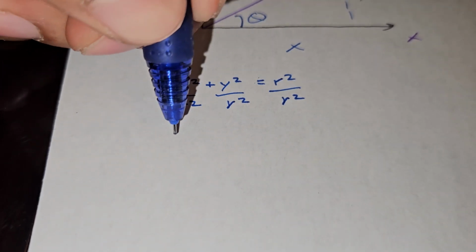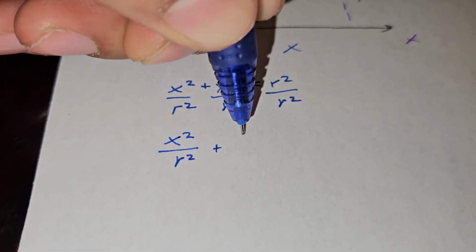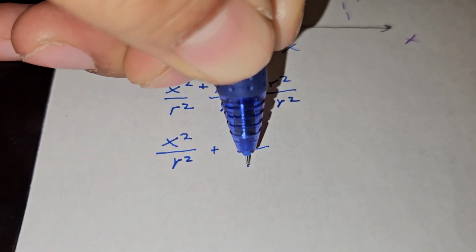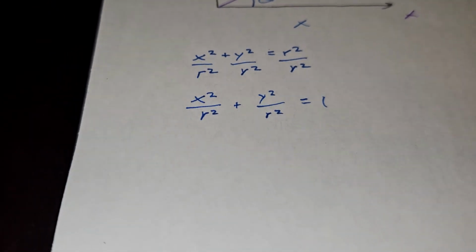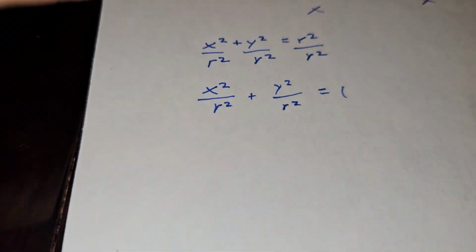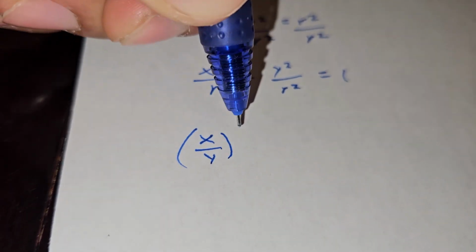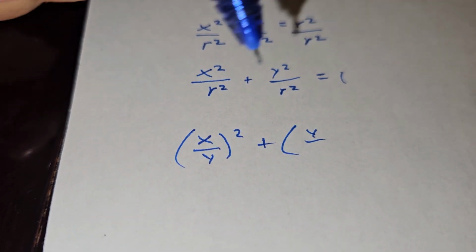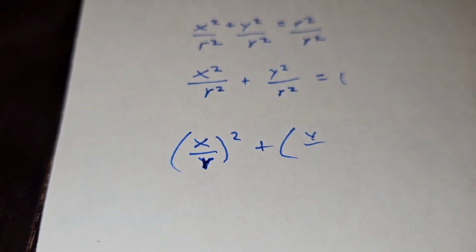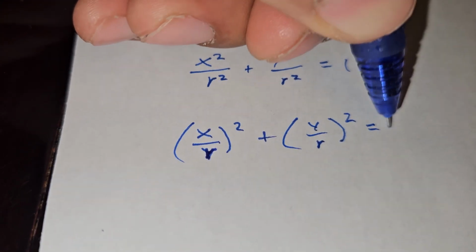So now we have x squared divided by r squared plus y squared divided by r squared is equal to 1. So now we have x over r squared plus y over r squared is equal to 1. Oops, that's an r, by the way, I'm sorry about that.